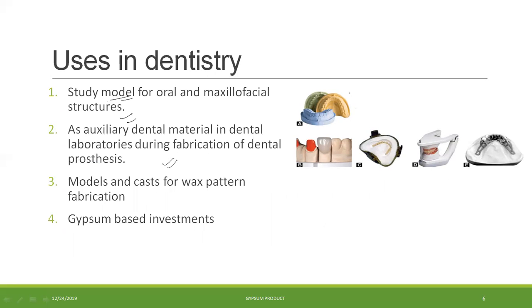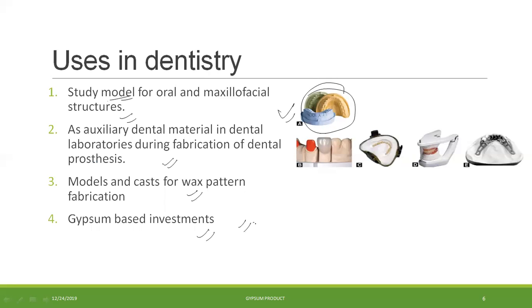We have to make casts for lab work, models and casts for wax pattern fabrication in case of removable partial denture, or anything where we are going to restore indirectly, and for gypsum-based investments. When plaster is mixed with silica, it is known as dental investment, and it is used to form molds into which molten metal is cast, right?